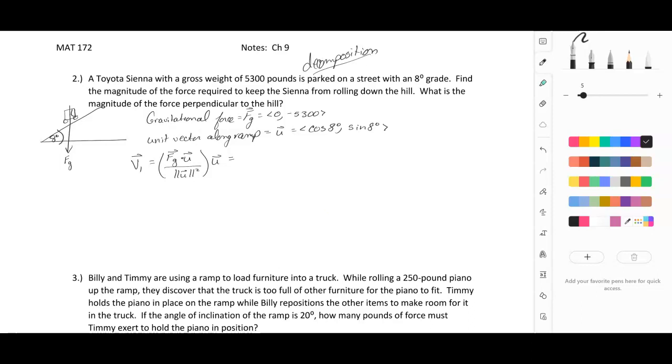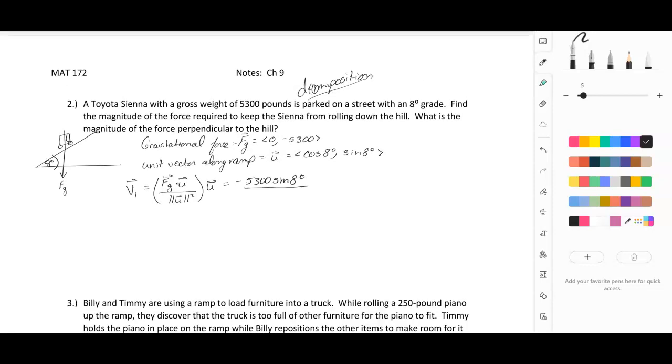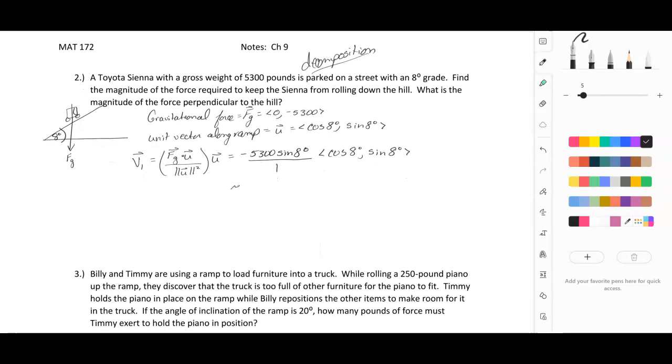So if I were to find that dot product of this guy with this guy, I'm going to have 0 minus 5,300 sine of 8 degrees. We know the magnitude of u is going to be 1, so 1 squared is going to be 1. So I'm going to turn this into some numeric instead of dealing with sine of 8 times cosine of 8 and so on.